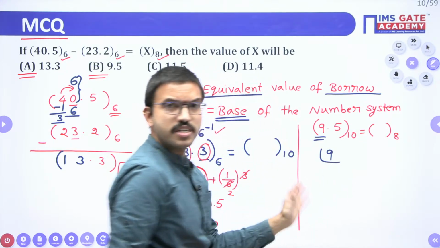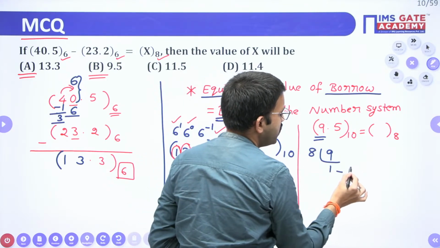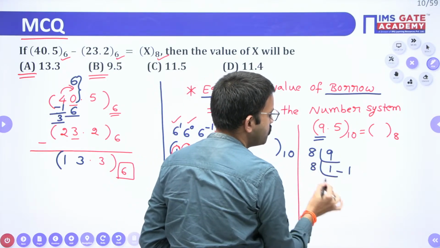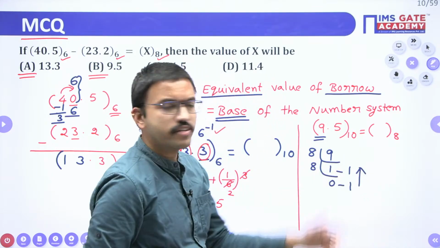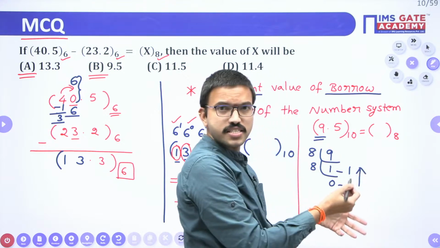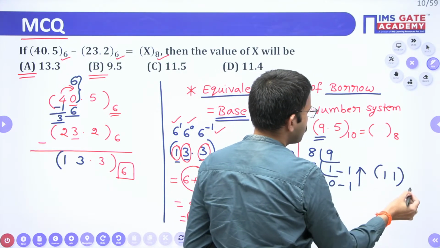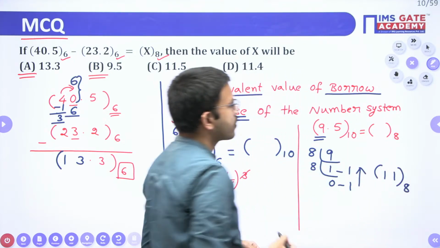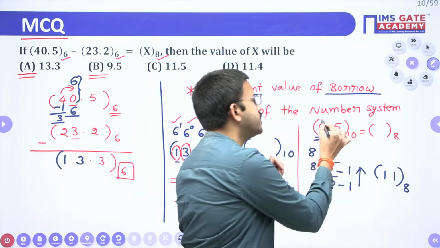We will perform repetitive division with 8. 8 ones are 8, remainder is 1. 8 zeros are 0, remainder is 1. So here you are getting 2 digits, and there is no confusion, both digits are the same. So you will get 1 1, which belongs to base 8. This is equivalent to the integer part 9.